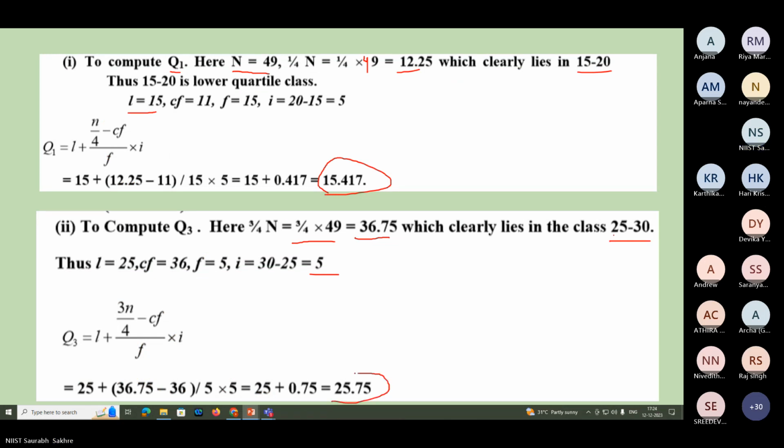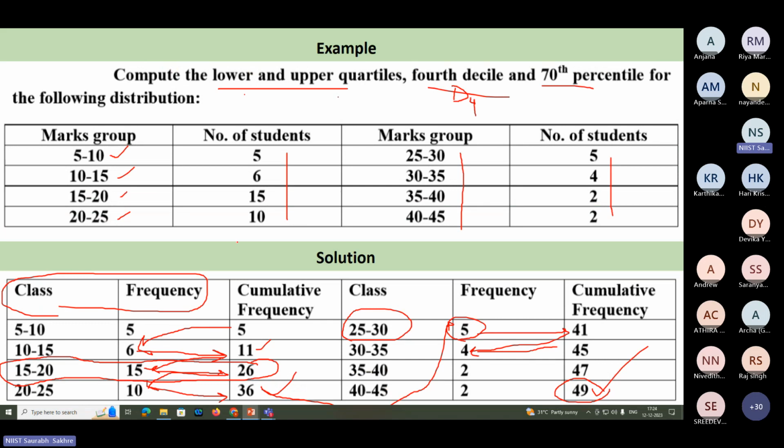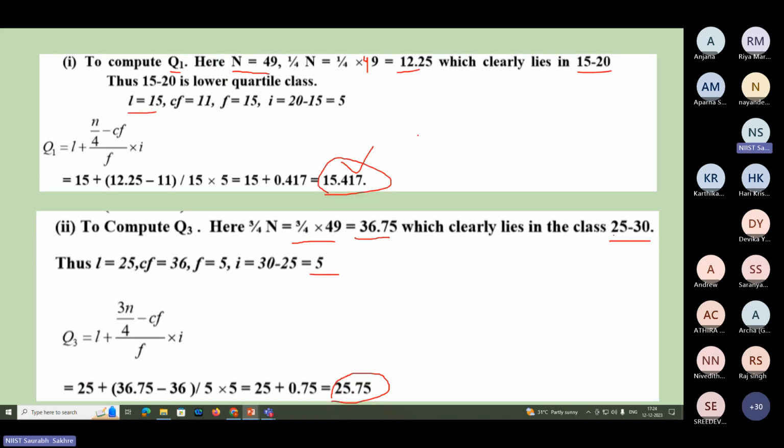Now I want you to observe one thing. When I'm saying my quartile 1 is 15.417, these are marks, right? I'm saying that 25% of the students are having marks less than 15.417.